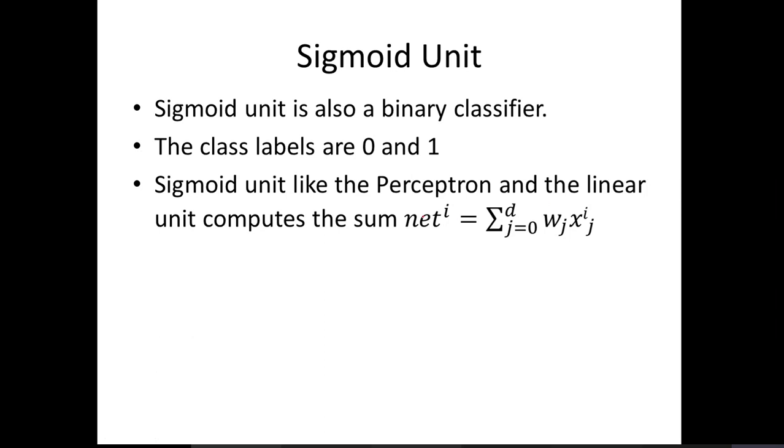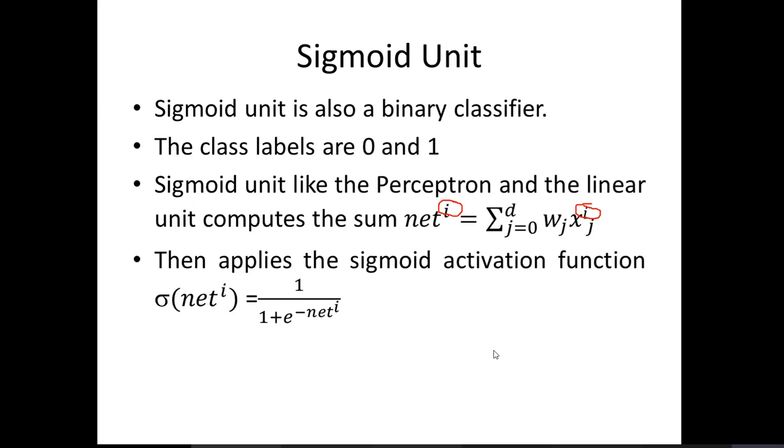But in some of the derivations, you need this i when you are talking about all the input samples. So when you know the sample at hand, you can avoid it and say the network sum is sigma j equal to 0 to d of wj xj, because there are d plus 1 input parameters, features. d features come from the sample and we add one bias.